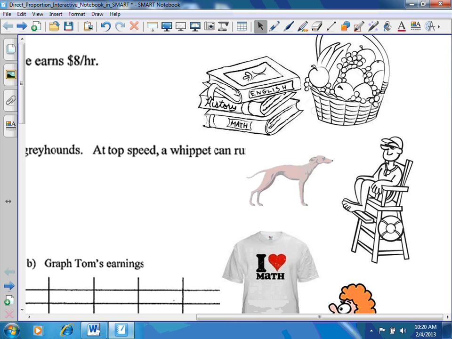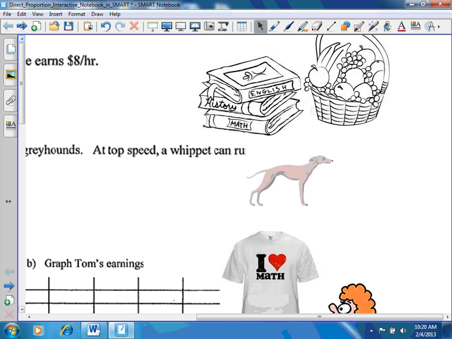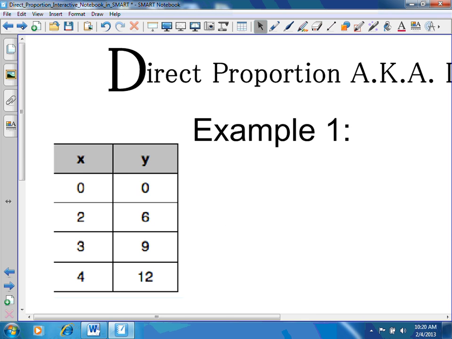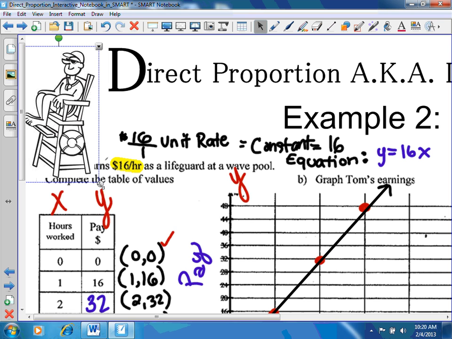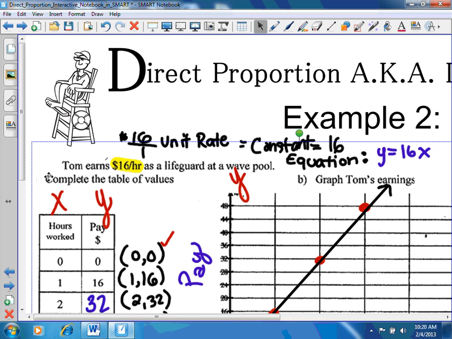Okay, I want you to cut Tom out and glue Tom down beside the problem you just solved. There's Tom. Go ahead and cut out the rest of those little pictures for me and put them to the side.